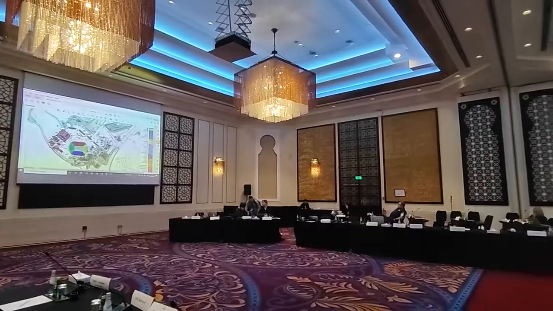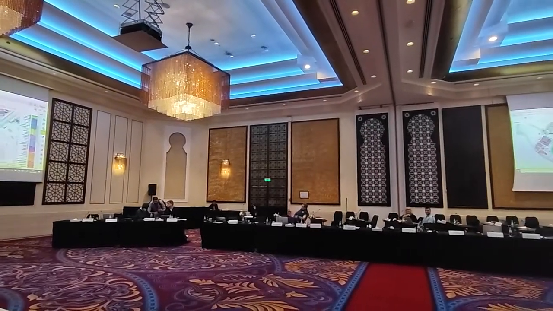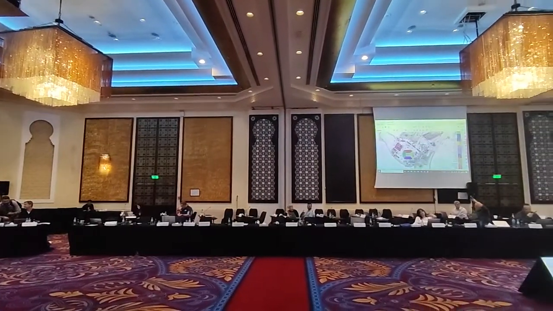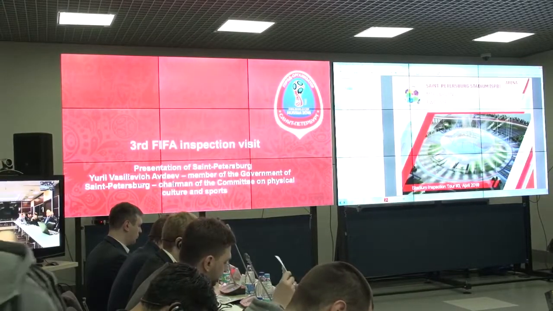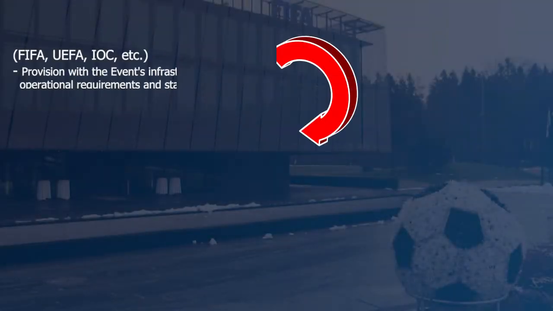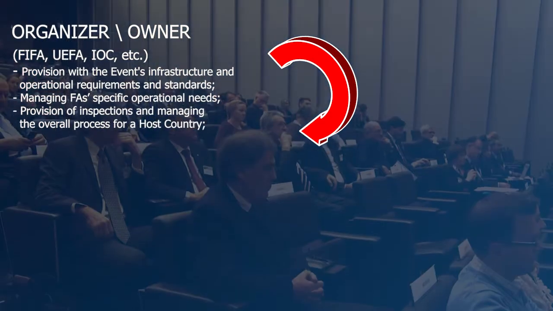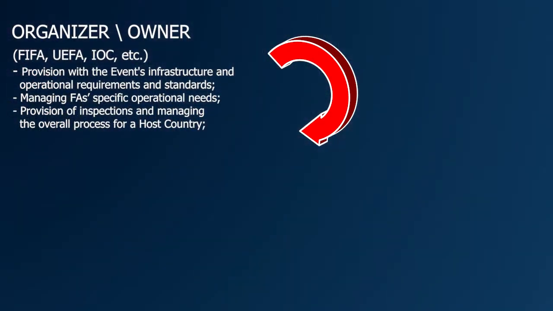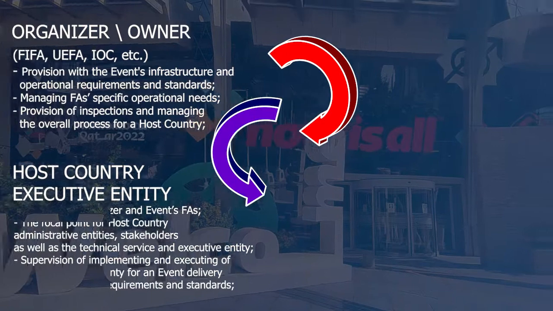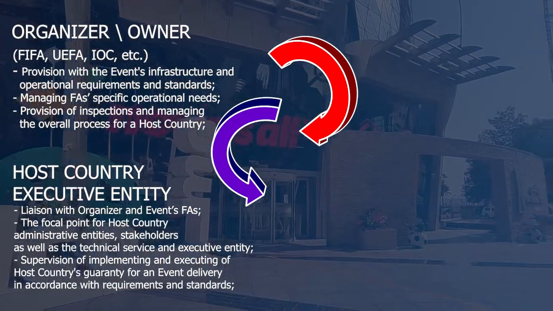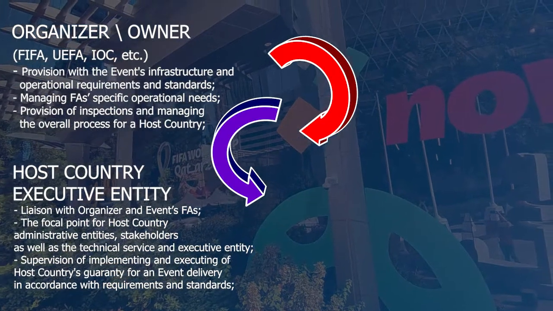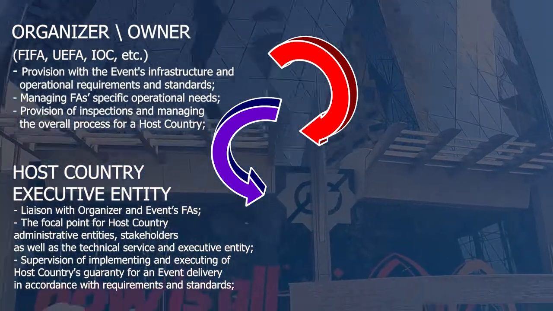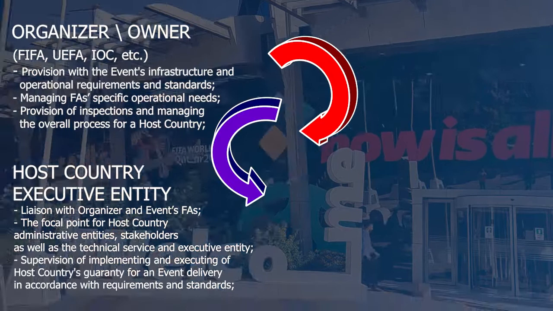To make it very simple, beyond politics and strategic management, the following entities can be identified for the actual solving of issues and project development: the organizer of the event, and the provider of requirements and standards for the event. The local organizing committee, that acts as a focal point between the host country stakeholders and the organizer of an event. It provides liaison and collaboration with involved functional and operational divisions.